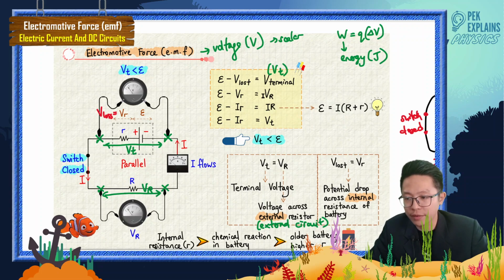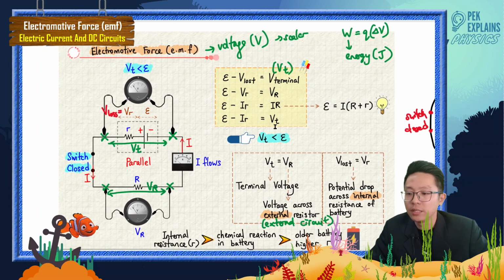Or I change it back, VR is the terminal voltage. You see, E minus Ir equal to VT. So when the switch is closed, there is current flow in the circuit.